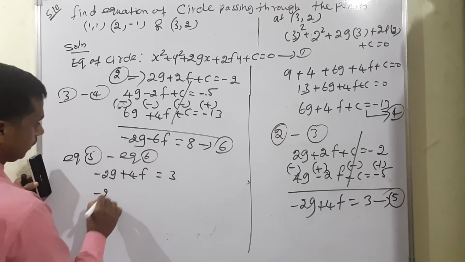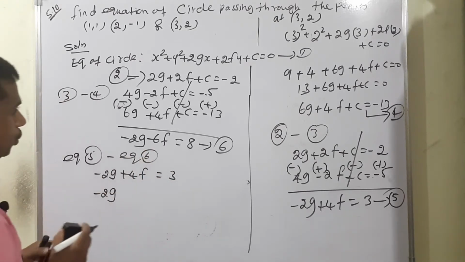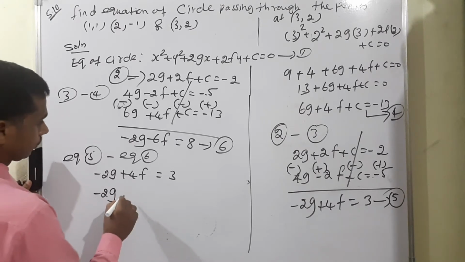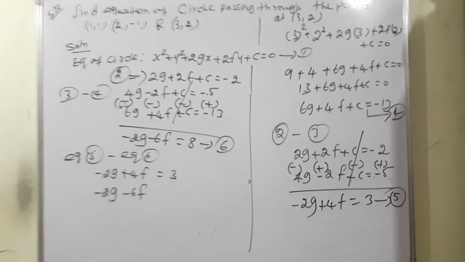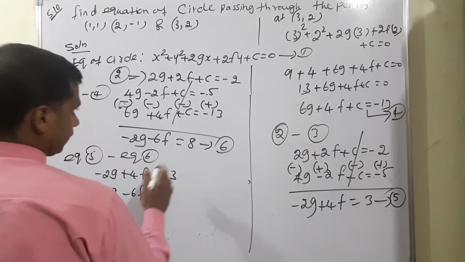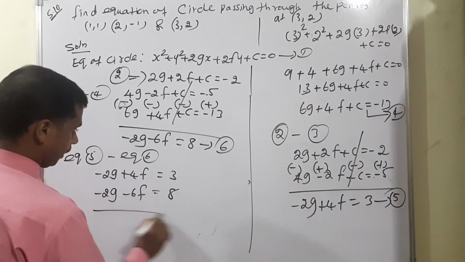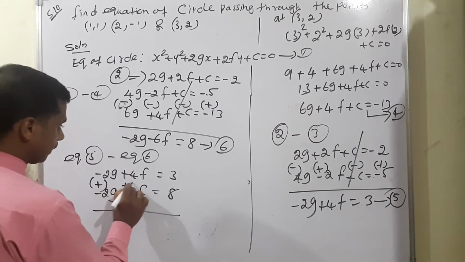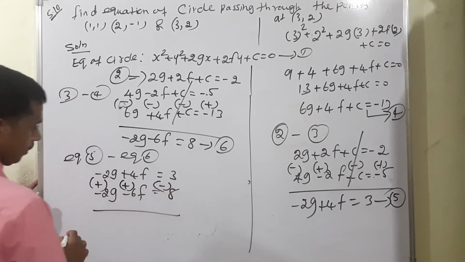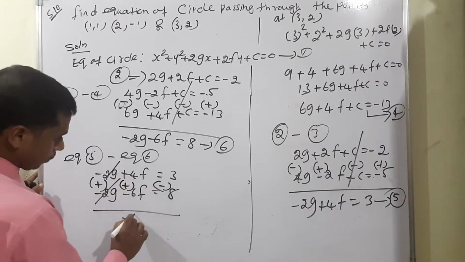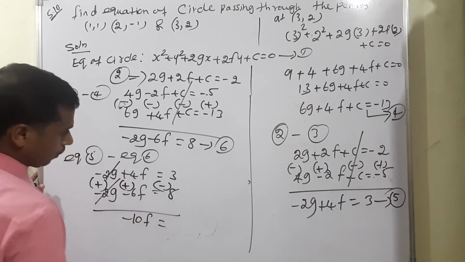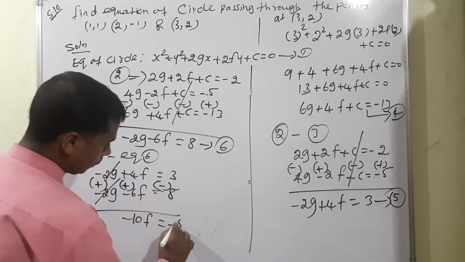Next, equation 6: minus 2g minus 6f is equal to 8. Again the whole sign changes, means plus, plus, minus. So minus 2g plus 2g cancel, plus 4f plus 6f. So definitely positive 10f. Then 3 minus 8 is equal to minus 5.